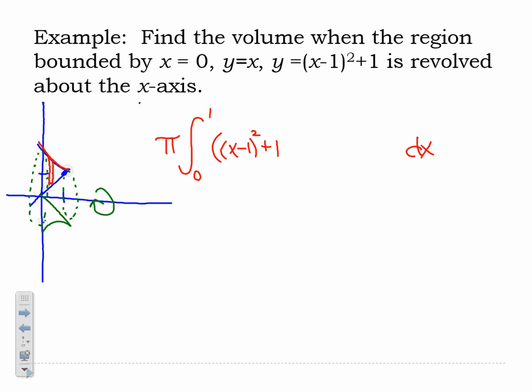So that's our radius squared minus our inner radius. Where does the bottom of our rectangle sit? Well, it sits on this line, x. So there's our inner radius squared. And that represents our volume.